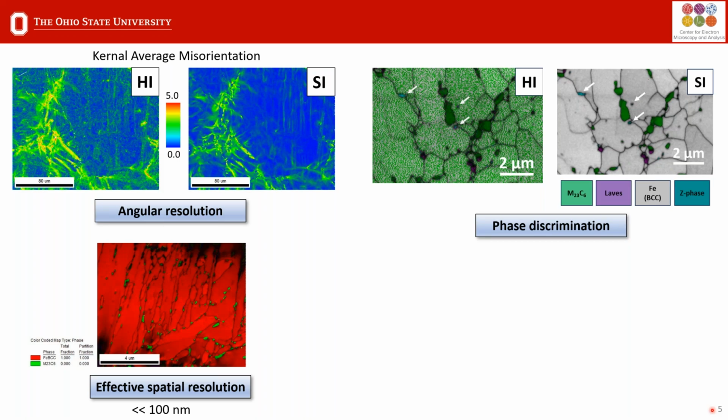A lot of my research involves quantitative analysis of very small phases, much less than 100 nanometers. Spherical indexing is much better at distinguishing the orientation and the phase from patterns that have some overlap. So that really improves the effective spatial resolution that you can get from your EBSD analysis.